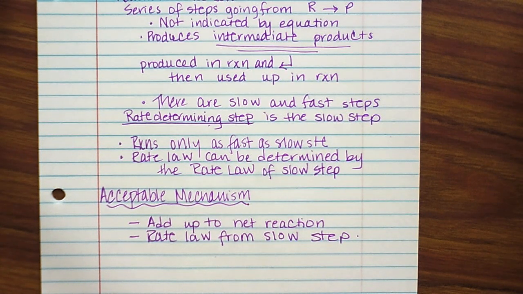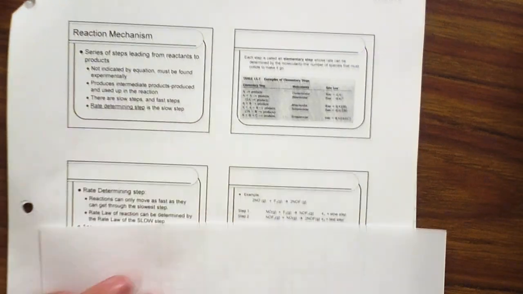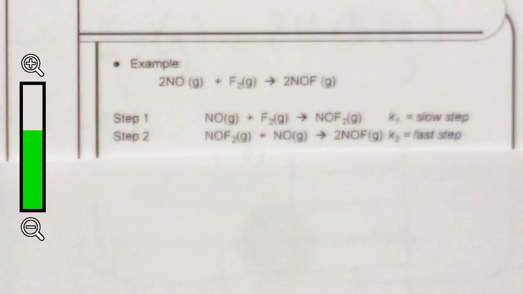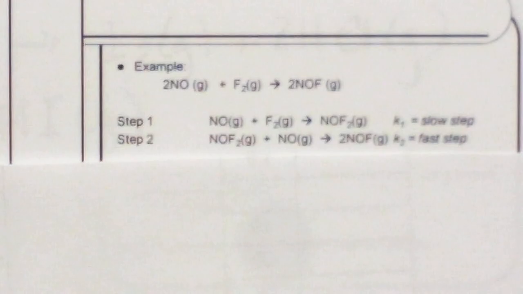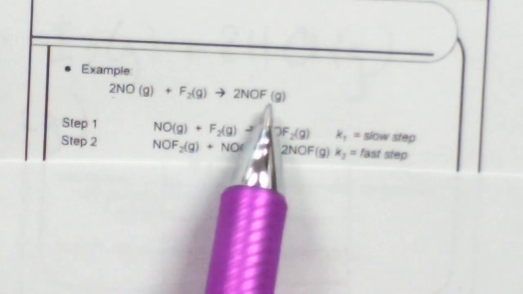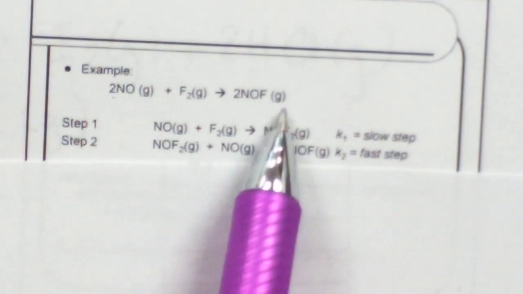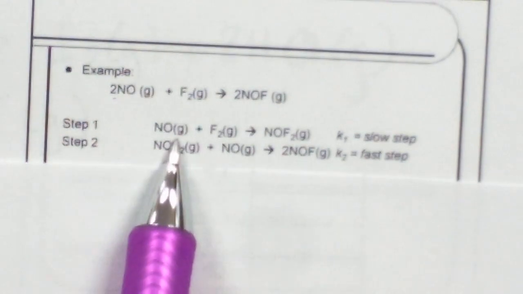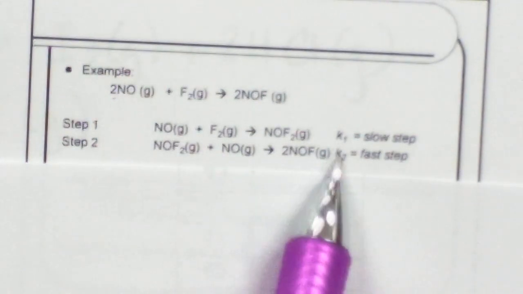All right, so here's the first reaction. Okay, so here's my overall reaction. And here's my step 1. And notice there's a K1 and a K2 because each step has a different rate constant.